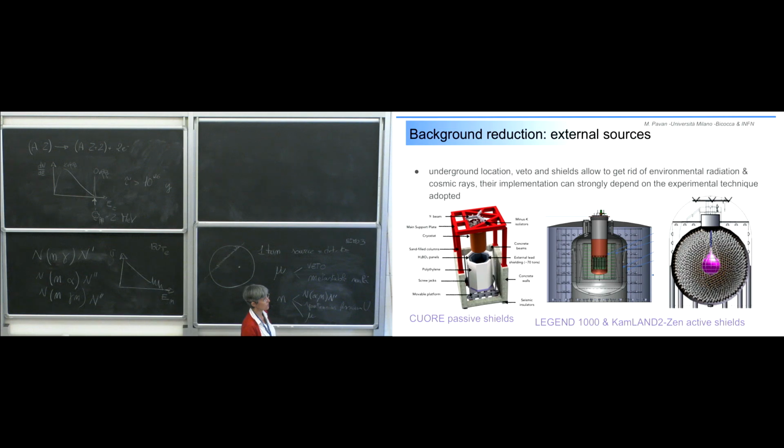And similar, this is KamLAND-Zen. KamLAND uses the KamLAND infrastructure. This is the experiment that claimed neutrino oscillation. The isotope is inside this balloon. Now there is a liquid scintillator in here, a water Cherenkov outside. So the structure overall is quite similar to that.